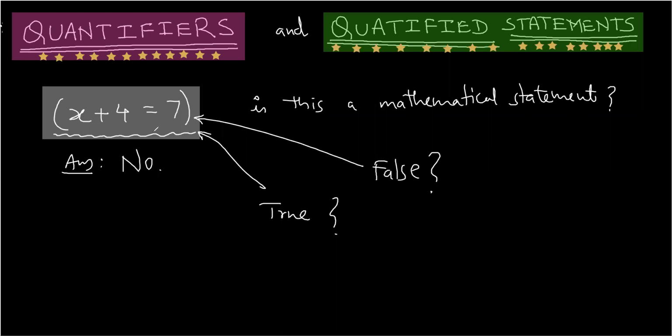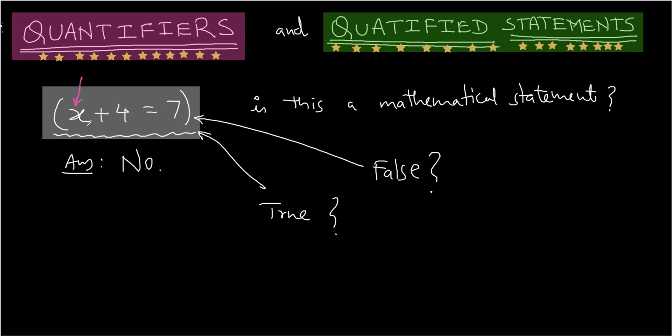Now, why am I not able to know the truth value of this statement? Because of this x. Mind it, this x is a variable. This x is an unknown.